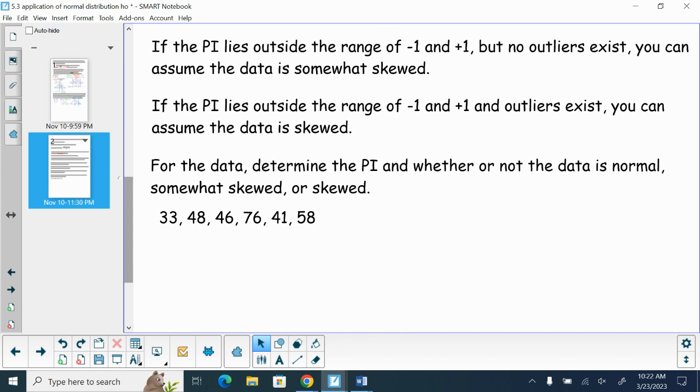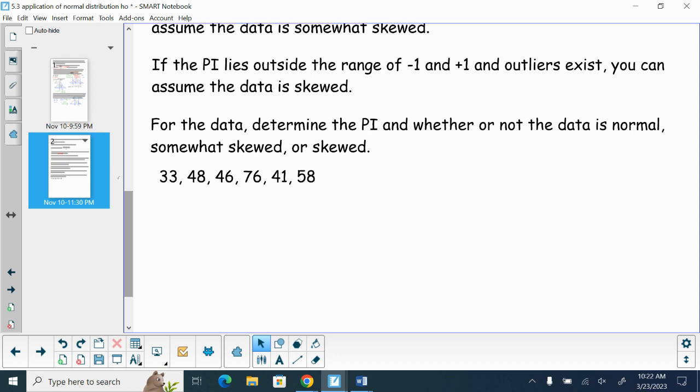Let's take a look at the Pearson index here, for a set of data values. What I want you to do is calculate the mean and the median. I'll give you the standard deviation real quick.